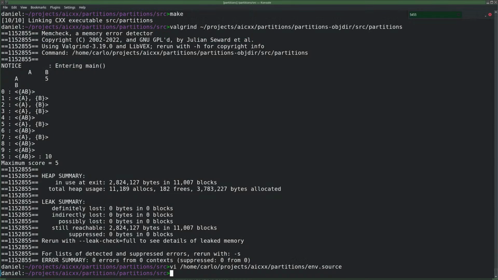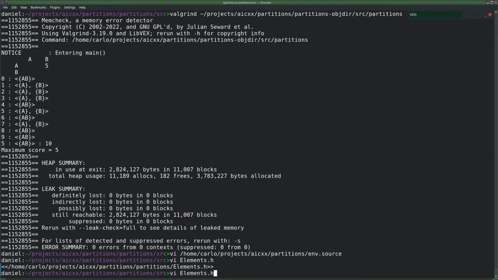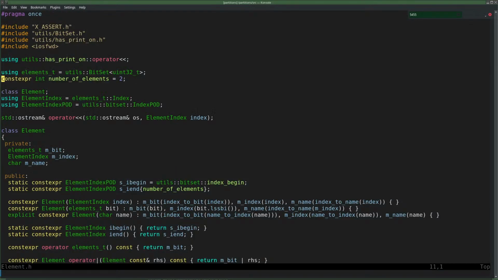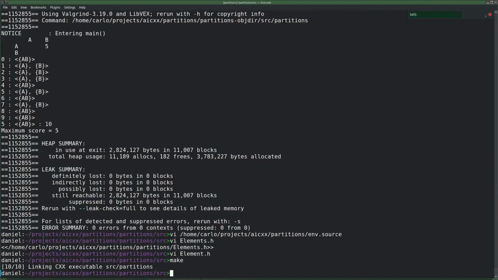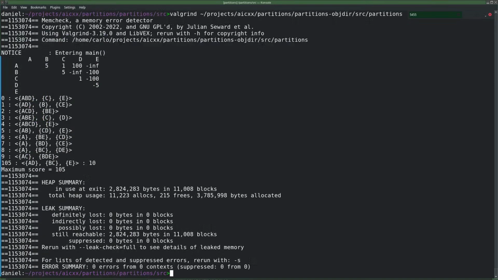Let's keep that. Let's go back to elements.h. Let's try 5 groups. Also works.